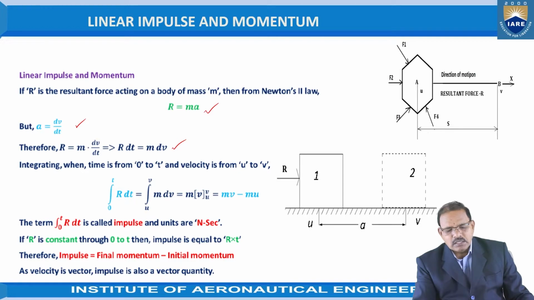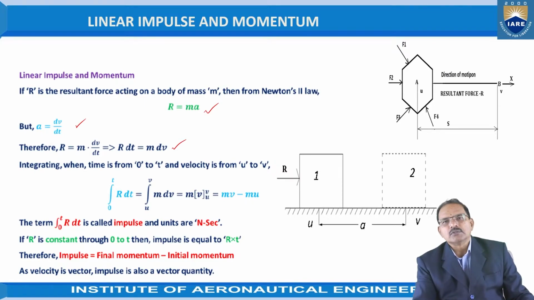Since in order to attain final velocity from u to v it has taken time t, the product of R into dt is called the impulse, and m into dv is called the change in momentum.